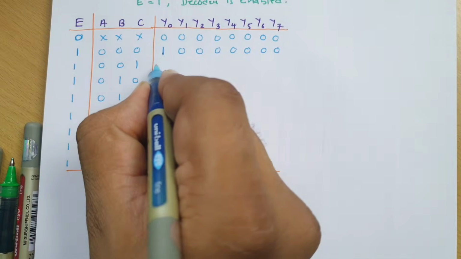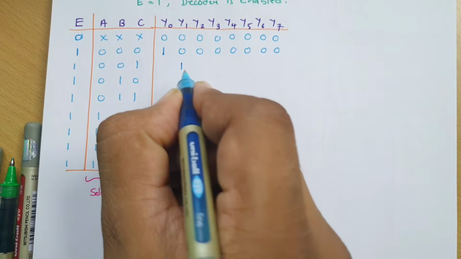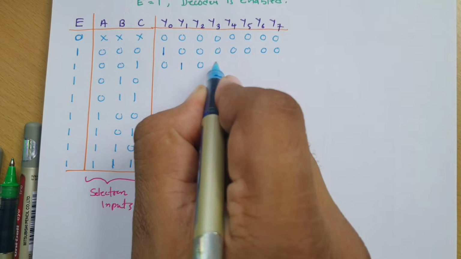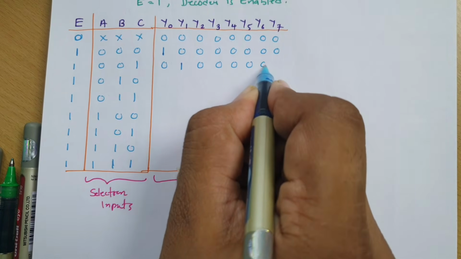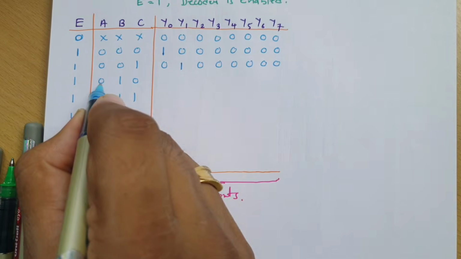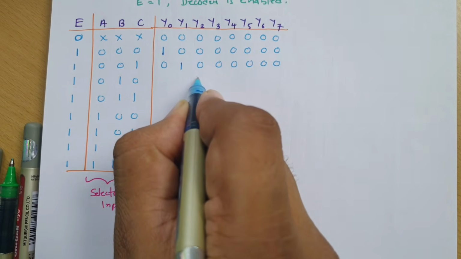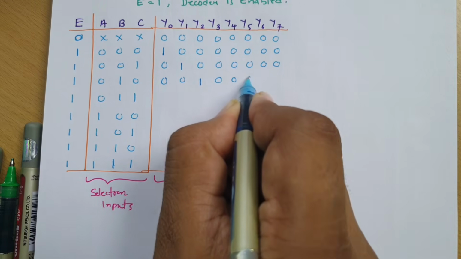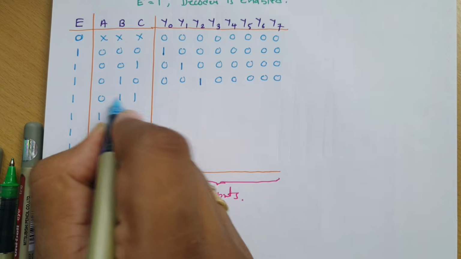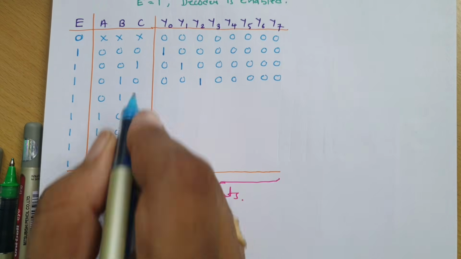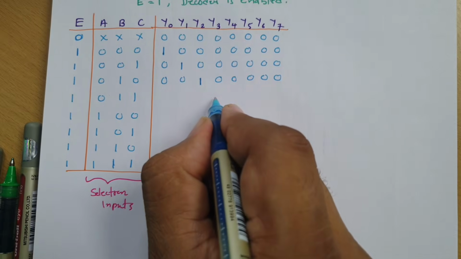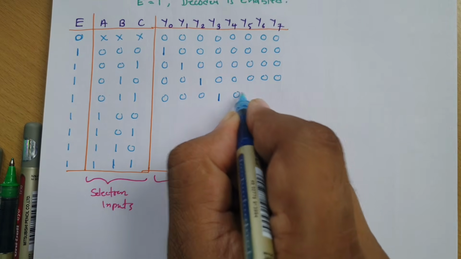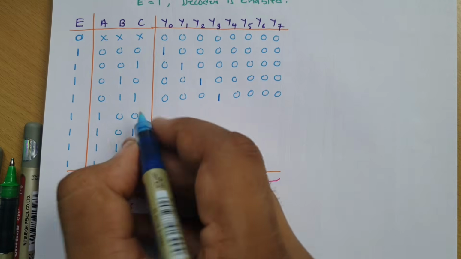When ABC is 0, 0, 1, at that time Y1 will get decoded, meaning it is 1, and the other outputs will stay 0. In case of 0, 1, 0, Y2 will get decoded and the other outputs stay 0. In case of 0, 1, 1 of selection ABC, Y3 will get decoded and the other outputs will stay 0.